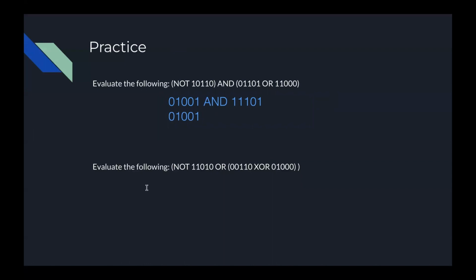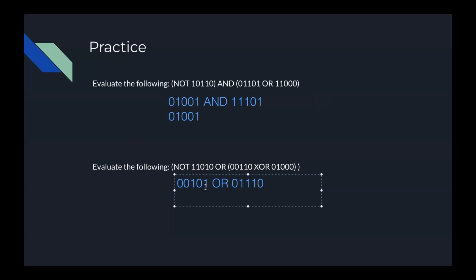So for the next one, let's do the same thing here. NOT of 1, 1, 0, 1, 0 is going to be 0, 0, 1, 0, 1. And then we're going to take the OR of this, and XOR. Here we're going to have 0 for the first digit, 0 compared with 1, which is just 1. 1 compared with 0, which is 1. 1 compared with 0 is 1. 0 XOR 0 is 0.